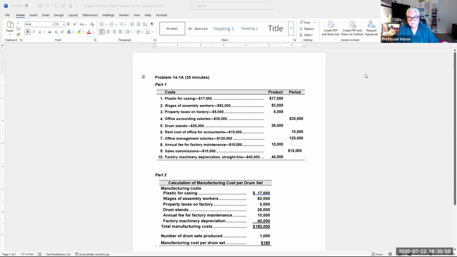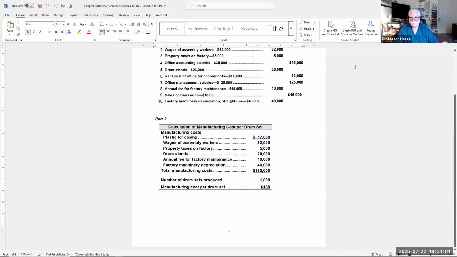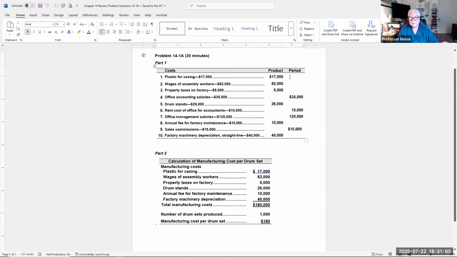Well, there we go. We designated the cost by product and period, which we just did. And now what we do in part 2, we take all those product costs: casing for plastic casing, wages for assembly, property taxes on the factory, the drum stands, annual fee for factory maintenance, factory machinery depreciation, $180,000.